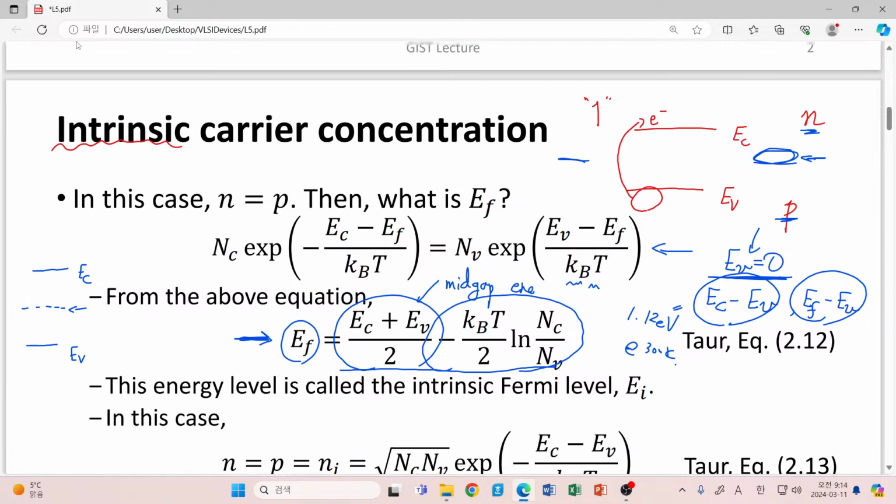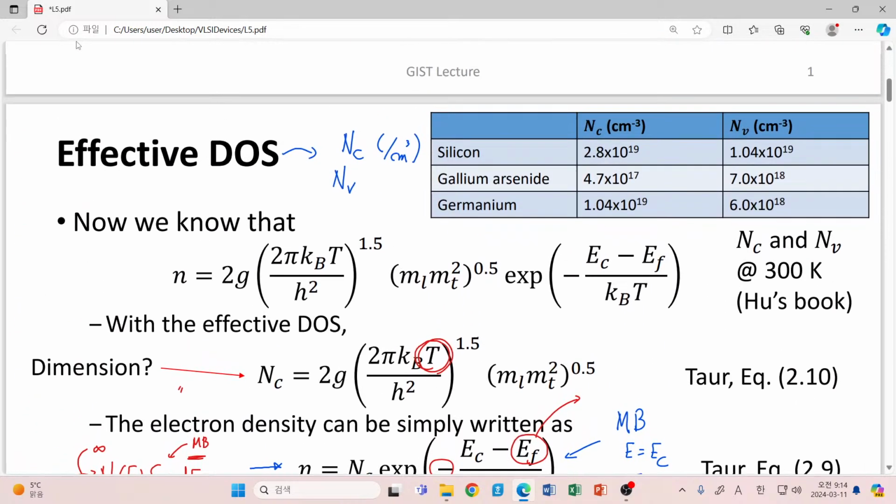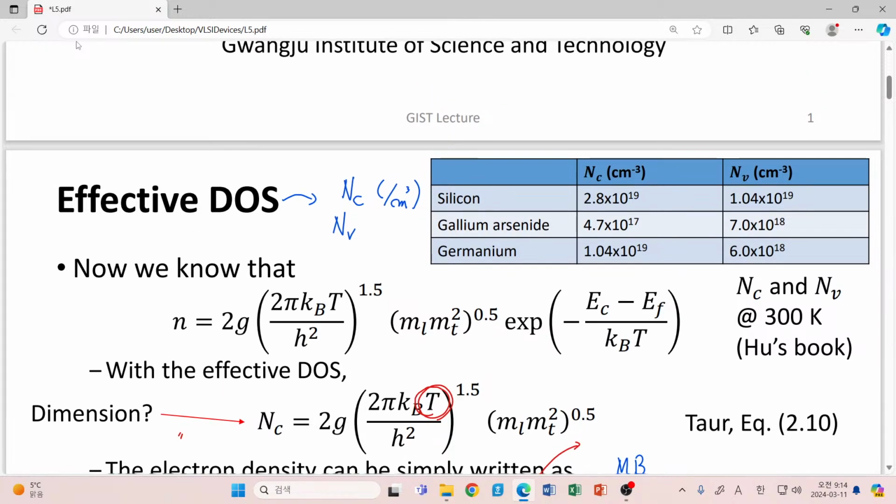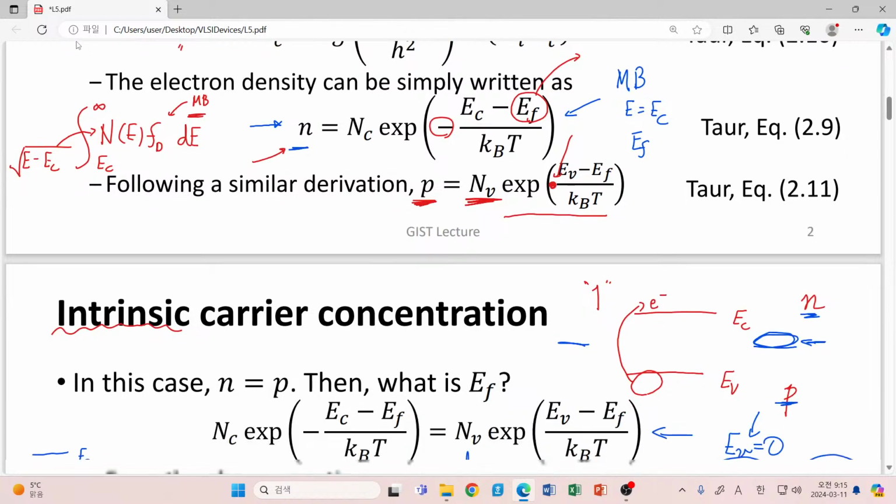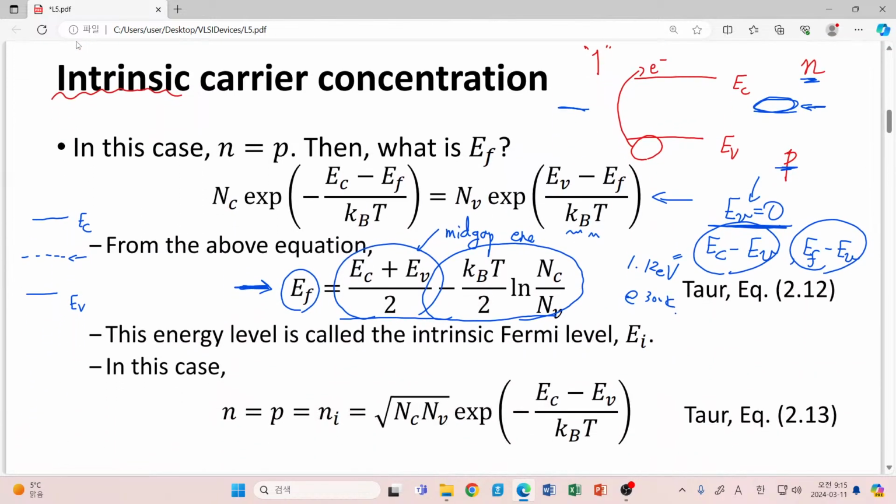Let's have a look at it. When you calculate the ratio NC over NV, you may find that it is around 2 to 3, larger than 2 and smaller than 3. So this number is more or less close to 1, and the Fermi level is deviated from the mid-gap energy by only approximately half thermal energy.